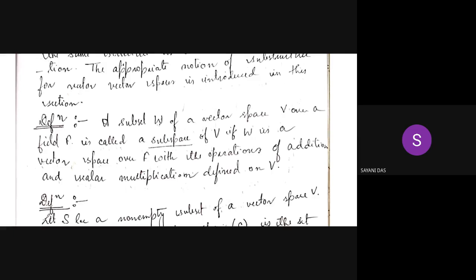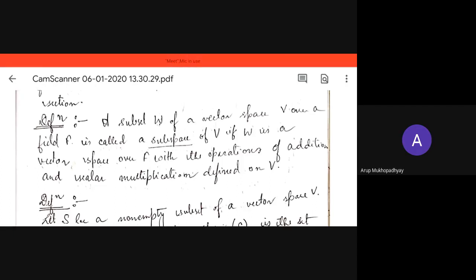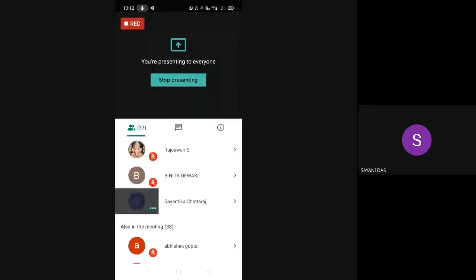Sir, if we choose the empty subset, then it is trivially a subspace. How? Because, sir, theta should belong to W. If there exists a point, then their linear combination belongs to that set, but here it does not contain a point.